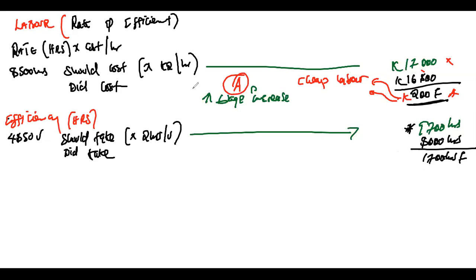The standard rate, we've been told, was 2 kwacha per hour. So we multiply by 2 kwacha per hour, such that hour and hour cancel, and we have our variance: 3,400.